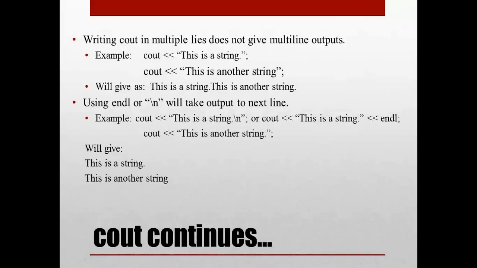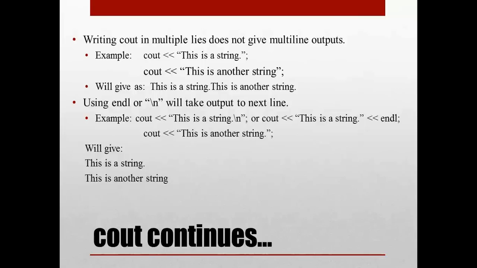So to define that we want to get output in the next line, we have to either use endl after cout, or we can use a line break, this \n, that takes the output stream to the next line.